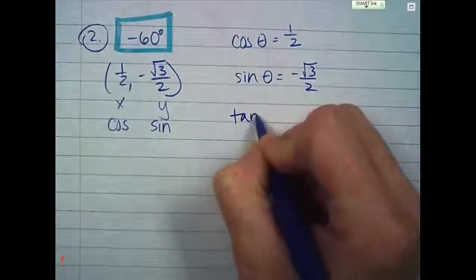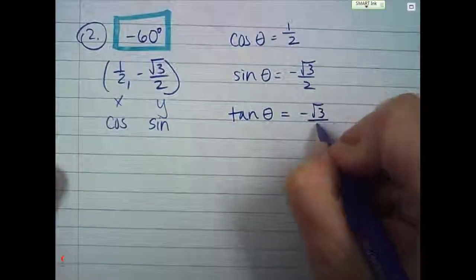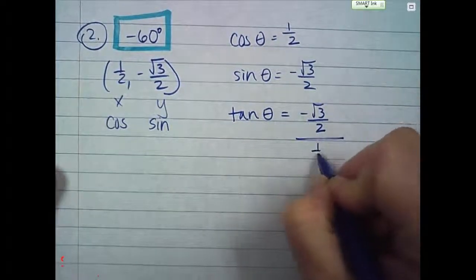Now be careful about tangent. This one's harder. Tangent's y over x, opposite over adjacent. Opposite is the y, adjacent is the x. How do you divide fractions? Do you remember what to do? I have negative root 3 over 2 divided by 1/2, y over x.